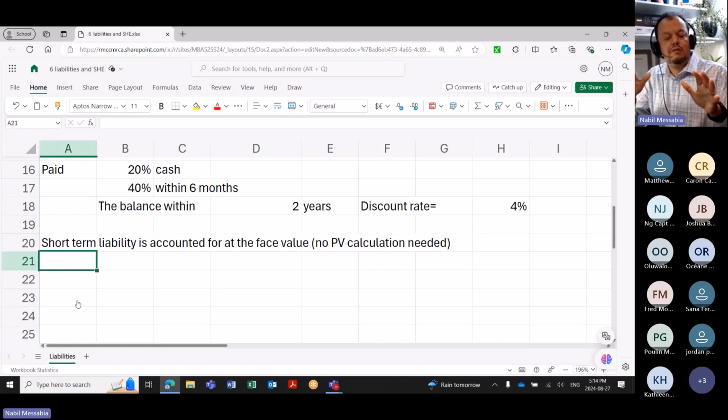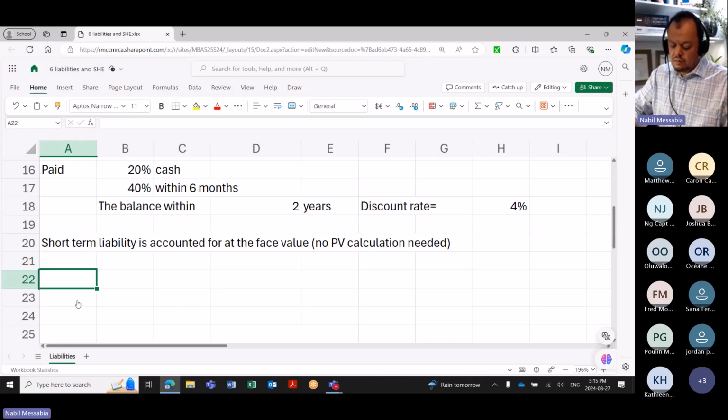But still, for accounting purposes, this is what we call the monetary unit assumption. The monetary unit assumption means $1 on January 1st is equivalent to $1 on December 31st. In a 12 month period, there is no need for present value calculation. So we presume that $1,000 today is equivalent to $1,000 within 10 months. So that is for short term.